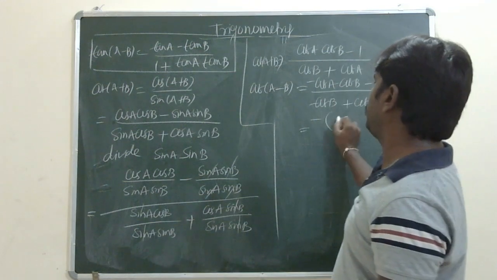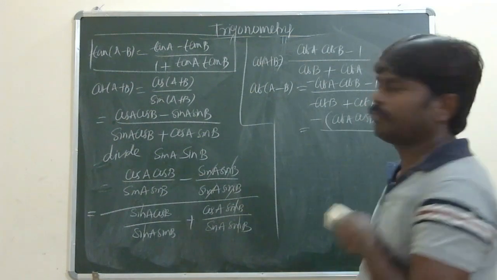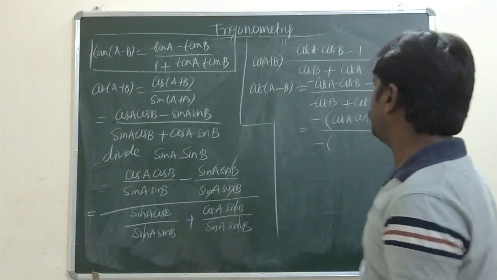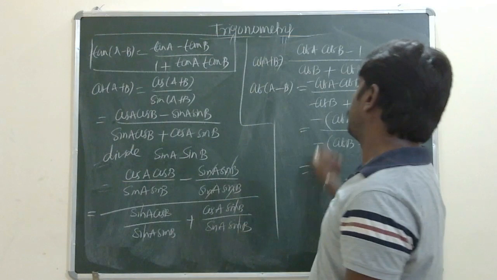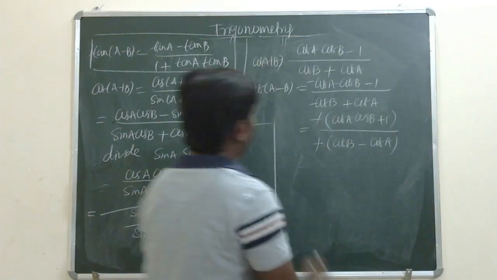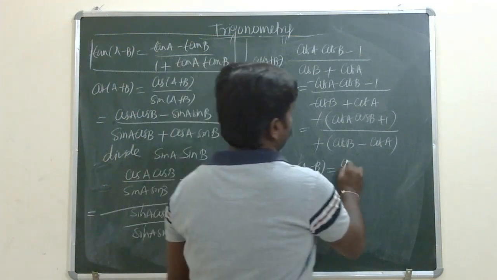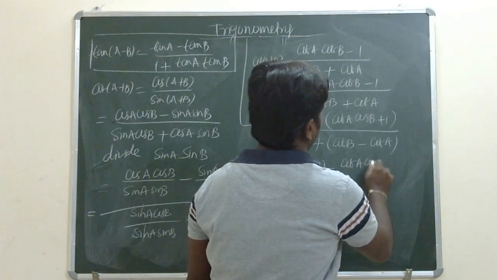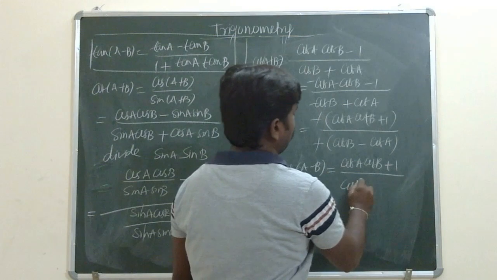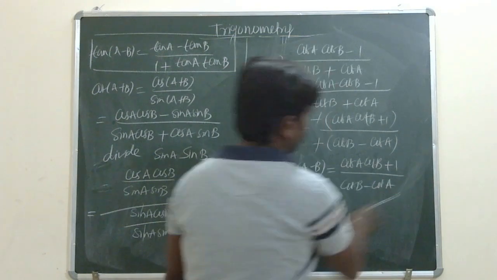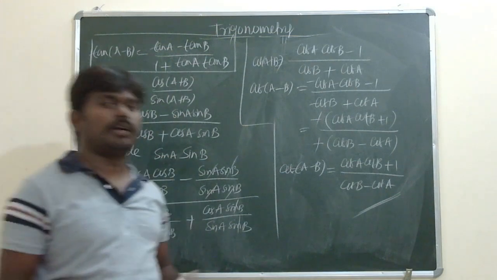So here what I will get means cot A cot B plus 1 divided by, here I am taking minus common in this also, here cot B minus cot A. So minus minus cancel, and here you will get cot A minus B is equal to cot A cot B plus 1 divided by cot B minus cot A. Okay, so this is the formula for cot A plus B and also cot A minus B.